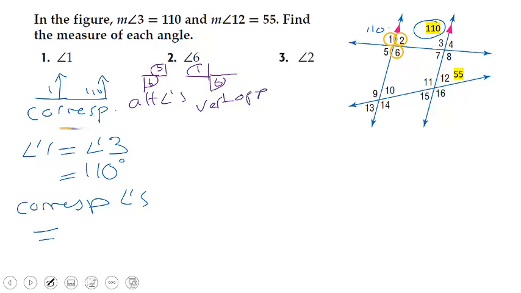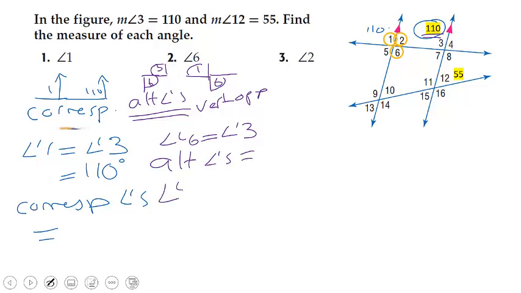Now I'm going to use alternate angles because it uses the 110 which they give me. So I'm going to say that angle 6 is equal to angle 3 because alternate angles are equal to each other. Then angle 6 is equal to 110 degrees, and that's my answer.